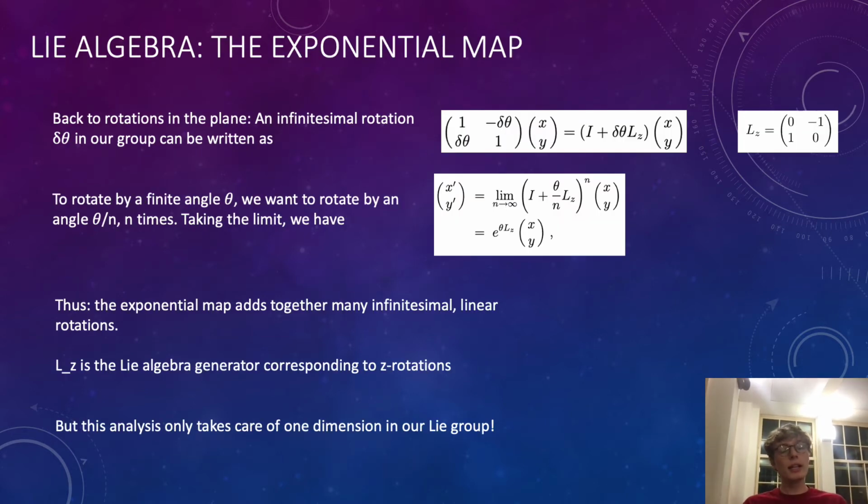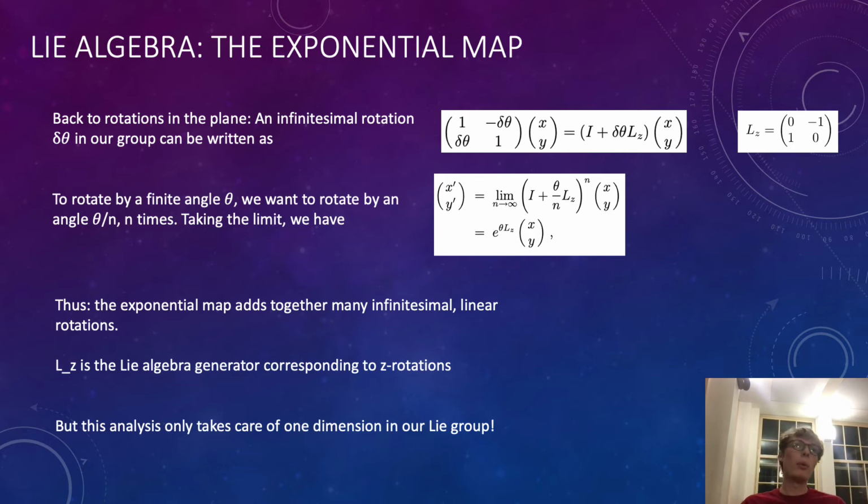Now, let's dig in a little deeper onto what exactly this exponential map is and where it comes from. We see in this first image at the top that you can write an infinitesimal rotation in 2D space by this matrix, and we can split it up into the identity plus this differential rotation around Lz, which is that matrix on the right over there.